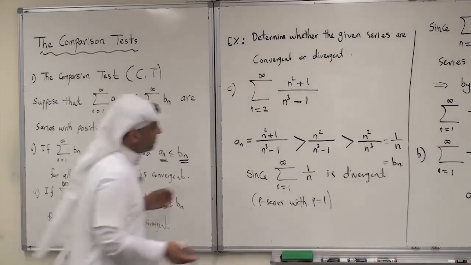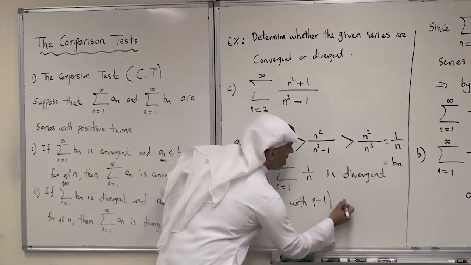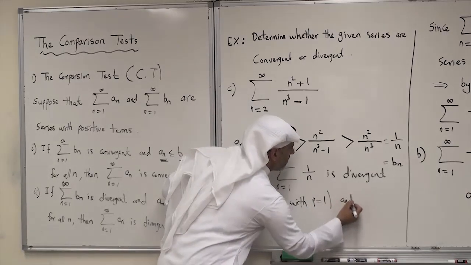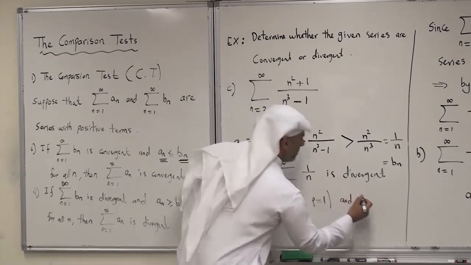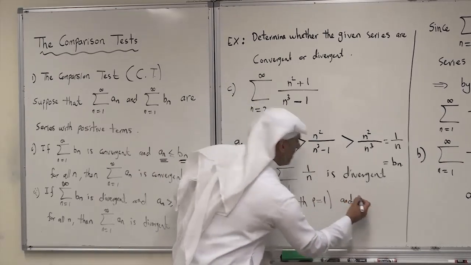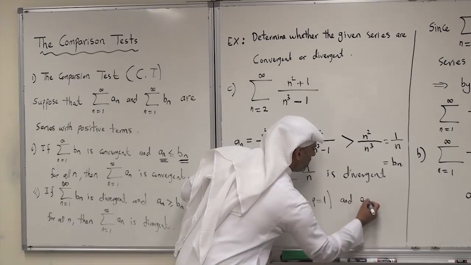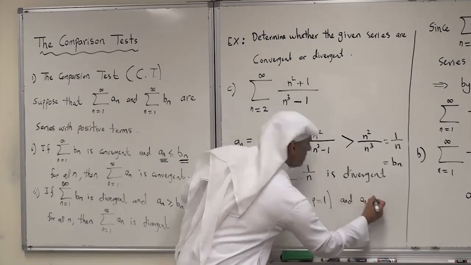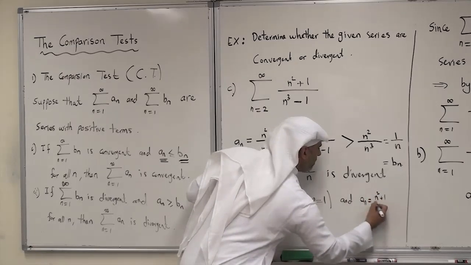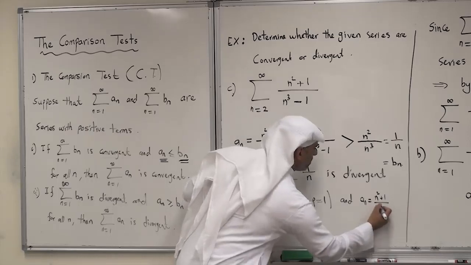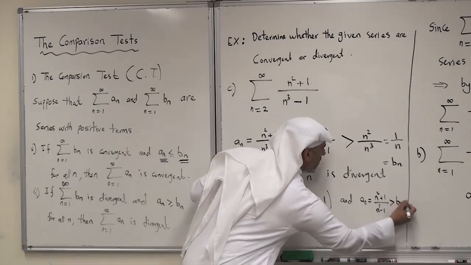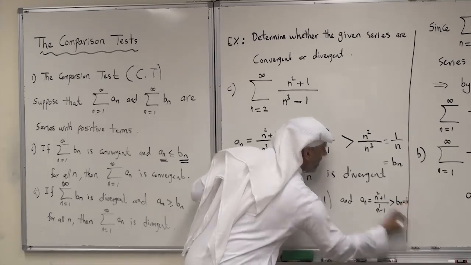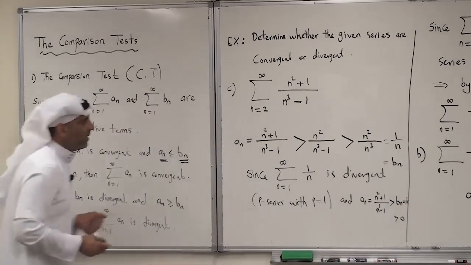So what is the conclusion? We have an, which is given in the question, equal to n squared plus 1 all over n cubed minus 1, which is larger than bn, equal to 1 over n, and both of them are greater than 0.